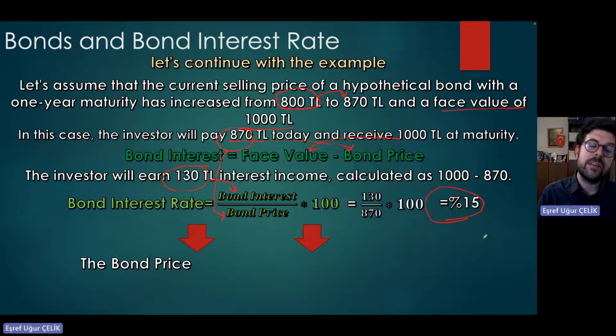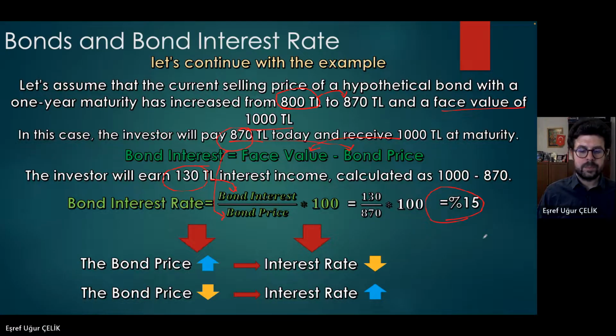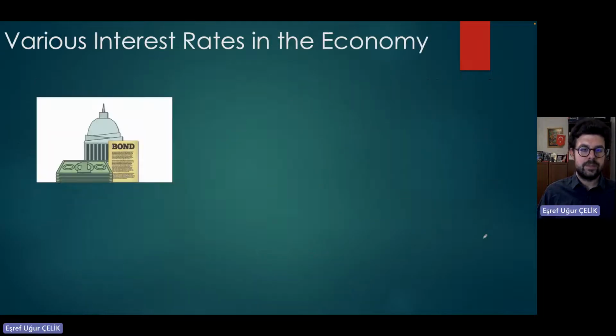Let's assume that if the bond price becomes higher, the interest rate becomes lower, like that example. And also vice versa. When the bond price becomes lower, the interest rate becomes higher. Okay? That's the rule.